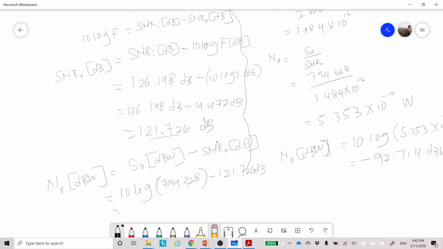So you akan dapat lebih kurang negatif 92.726 dBW. Sorry, dBW. So samalah, ini cara lain. Okay, terpulang kepada pelajar.